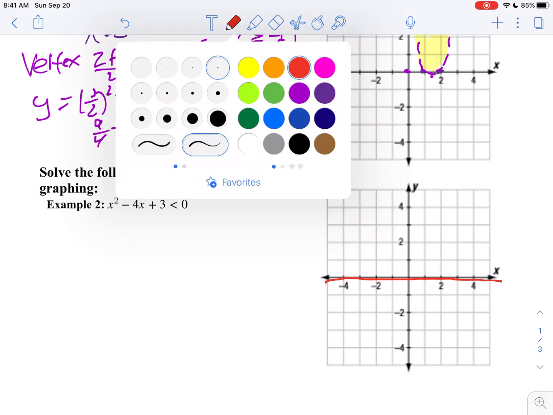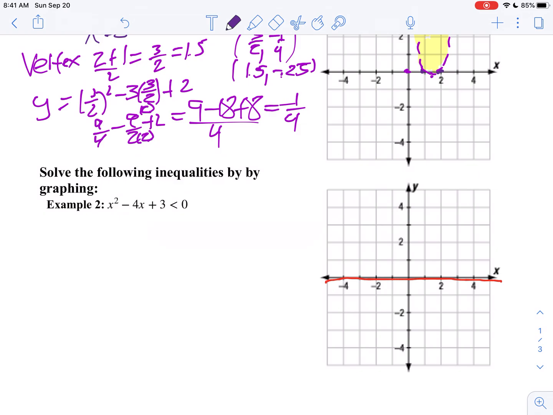If I take a look at this, we can factor this again, can't we? x minus 3 and x minus 1 would be less than 0. So I've got x-intercepts at 3 and 1. That's going to be my solution, isn't it?